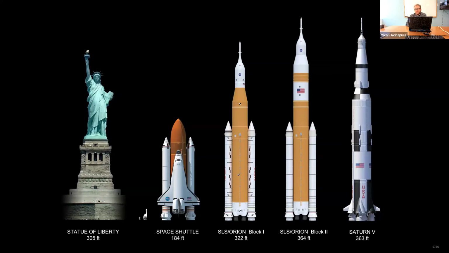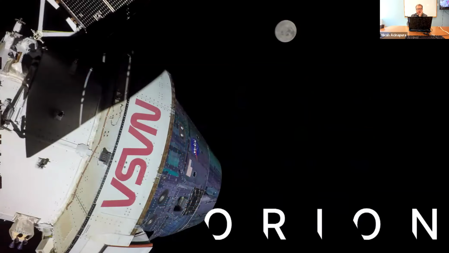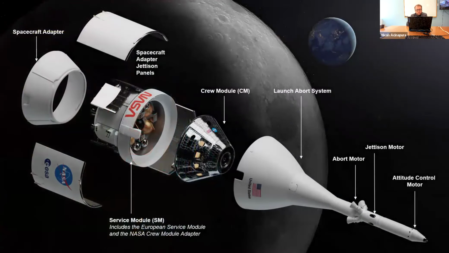The first one of these successfully launched back in 2022, and the next one is going next year. But at the very top of these is going to be the Orion crew capsule. This is roughly what it looks like when it's in space. The astronauts will be living inside of it for the duration of their voyages. When it's broken out, here's basically what it looks like.